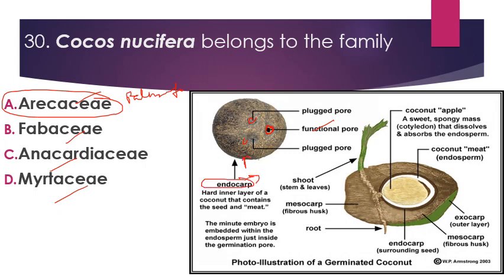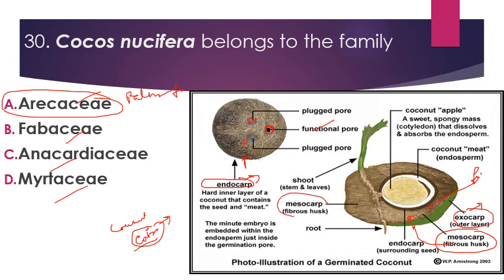And out of these, जो इसमें exocarp होता है, that is the outer greenish layer, और जो mesocarp है that is the fibrous husk, mesocarp जिससे fiber बनता है. And the term used for coconut fiber के लिए जो term use किया that is called coir. COIR. Coir is the term used for coconut fiber, which is obtained from the mesocarp of coconut fruit.